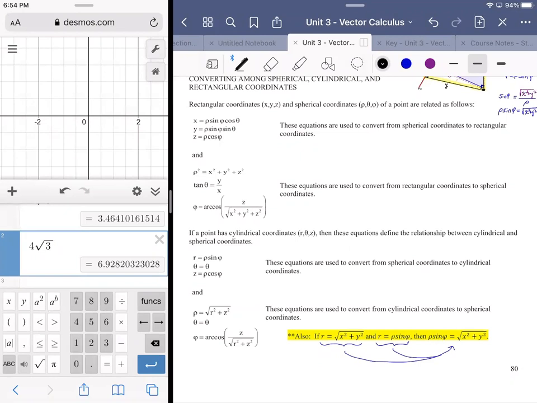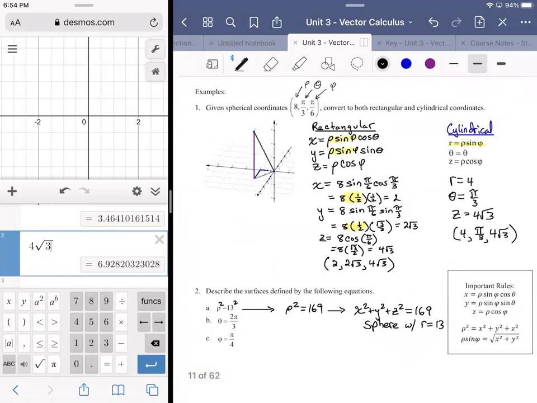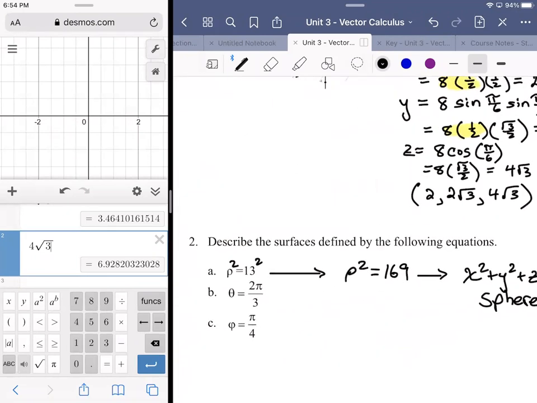So what we could do is we could go back to our knowledge of cylindrical or polar coordinates and say that theta is equal to the inverse tangent of y over x. All right.